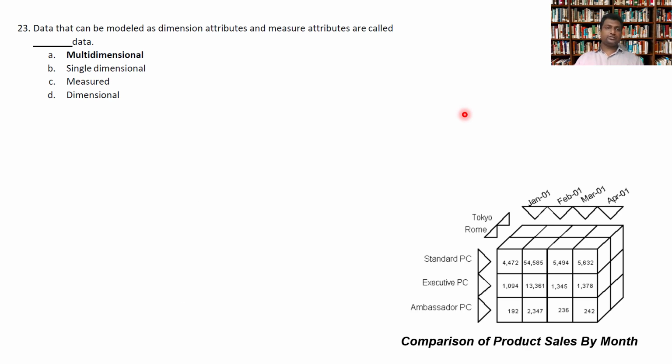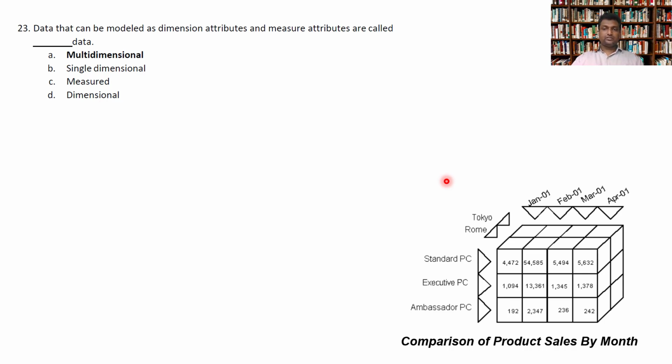So this question is about the nature of the data, or the characteristics or attributes of the data. So data that can be modeled as dimension attributes and measure attributes are called what? So if you look at, I have taken an example. This is not from the textbook, I just took it from the internet just to show you how a type of data can have many dimensions.